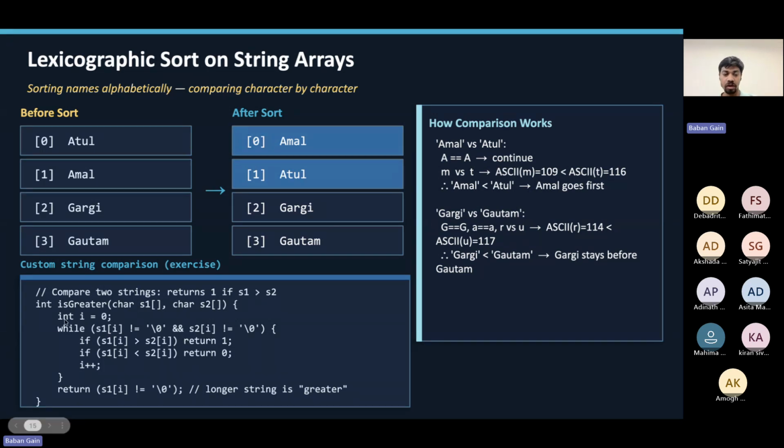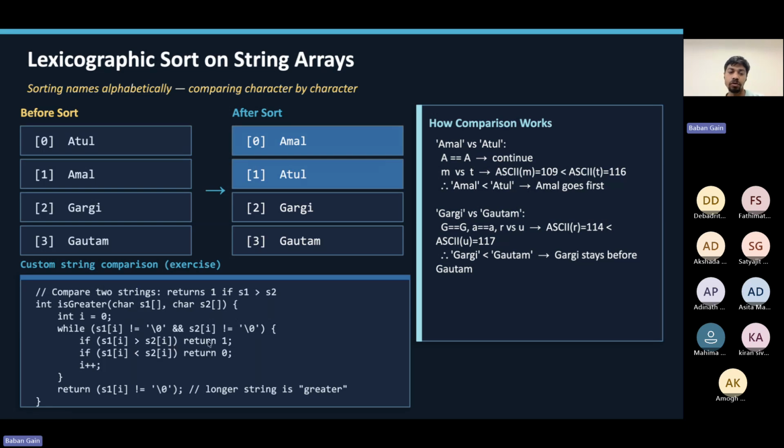We are passing an index value, I'm saying that unless I am getting the end of at least one of the strings, I'll continue. Then here I'm checking if S1 of I is greater than S2 of I.